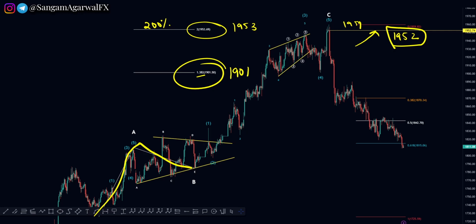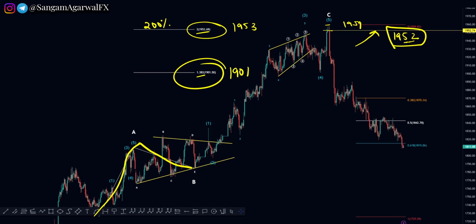The projection target was 1953, while the candlestick closing was showing strong rejection above 1952, while the candlestick tail, if you see, the high was 1959.